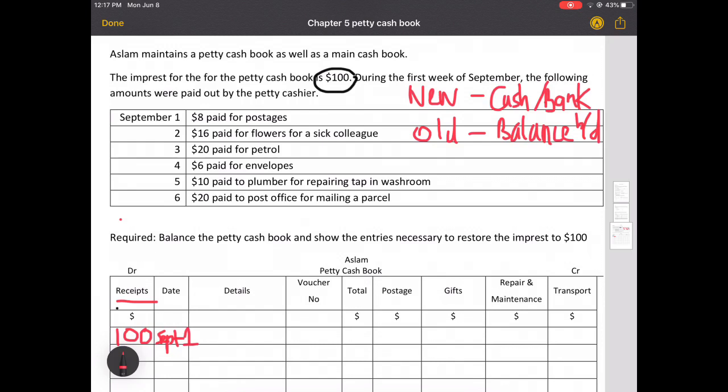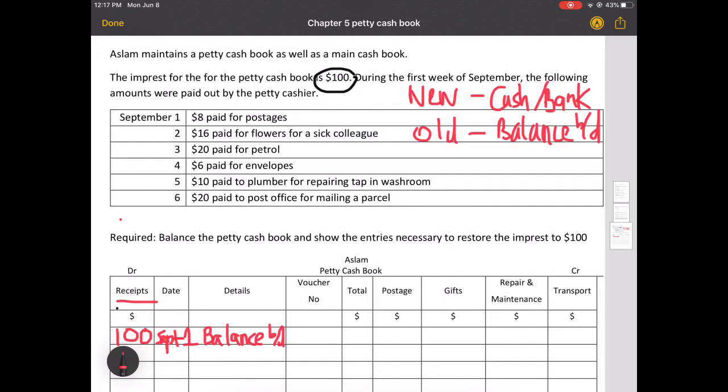If the question does not tell you it's new or old business, you automatically assume it's an old business. So I'm going to write in my detail there, balance BD. Okay, if they don't give you a year, then it's okay, you can skip it. If they don't give you a voucher number as well, it's okay, you can skip it.